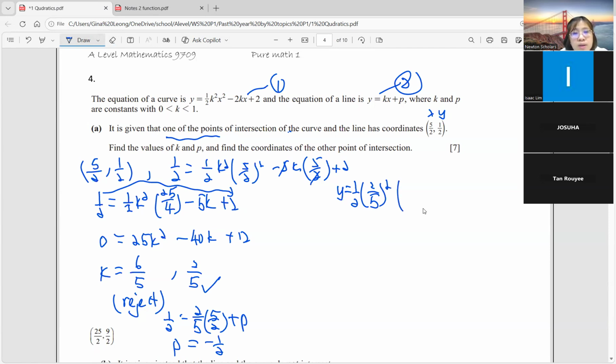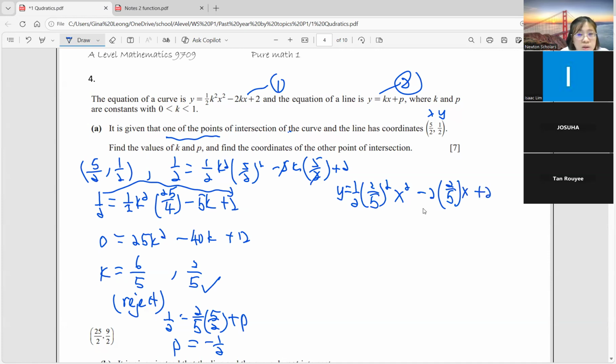Then your x square is 5 over 2 square. But I cannot replace my 5 over 2 because I need to find my x. So I straight away put x square, then minus 2 over 5 x plus 2.